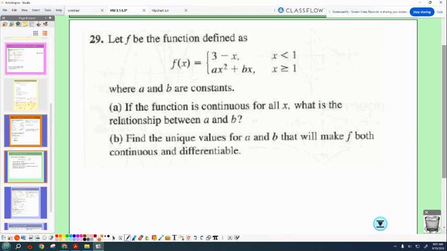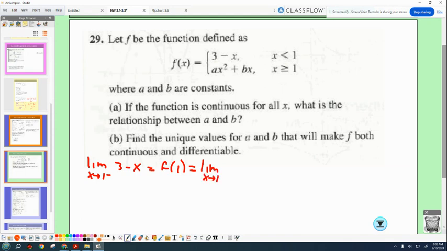How do we find a relationship between A and B? To make sure it's continuous, set the system of equations equal to each other. Okay, so in the system of equations, we need to make sure it's continuous.